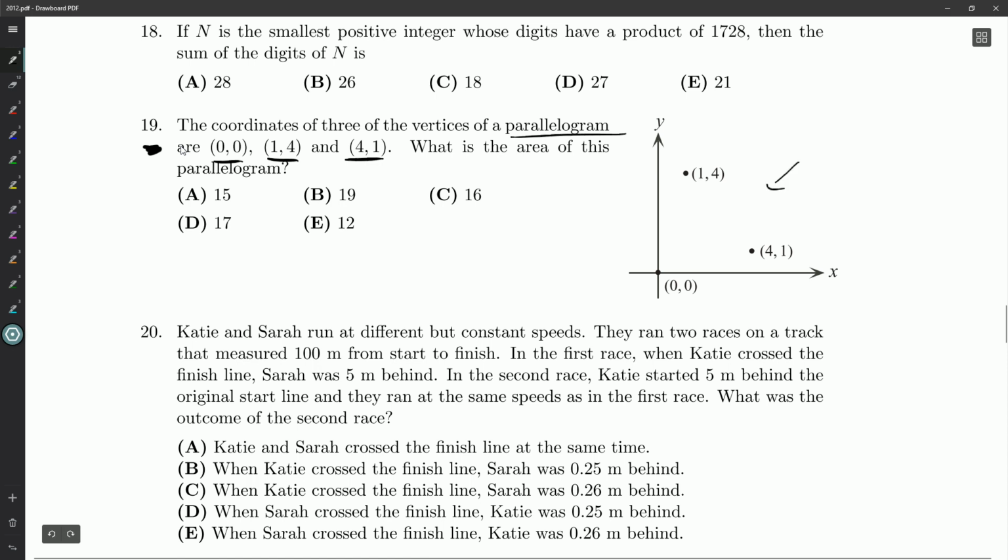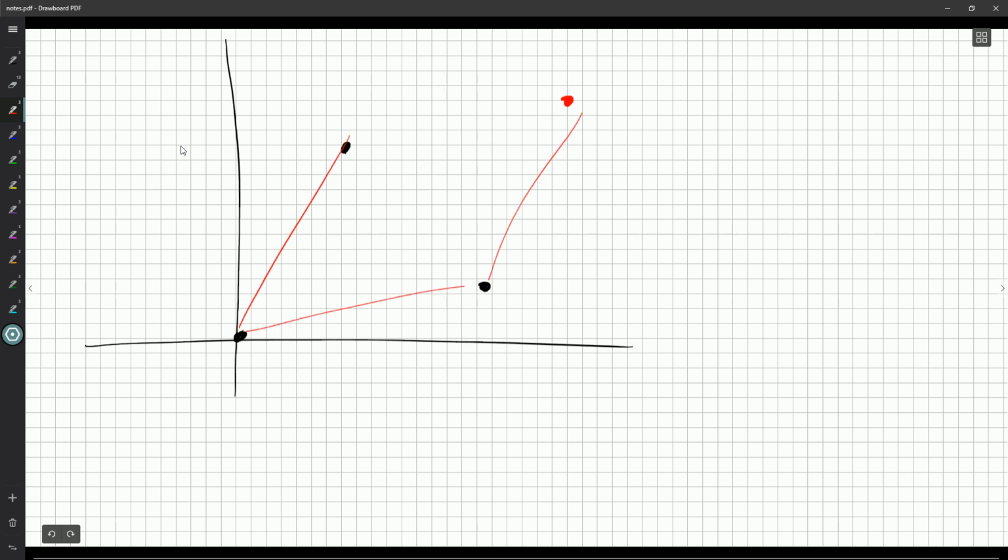We've got our three vertices, which would make a triangle. Now, if there's three vertices, what's our parallelogram going to be? You'll actually find that there are a few possibilities. We could have a parallelogram that looks like that.